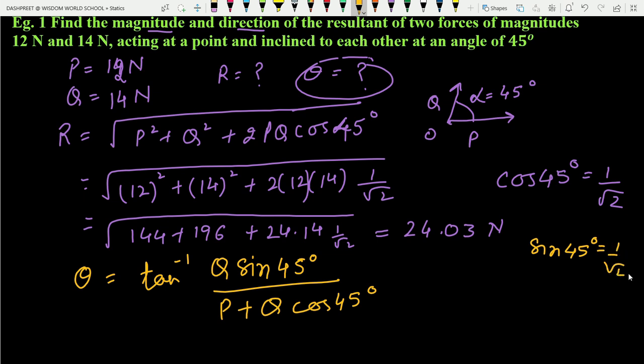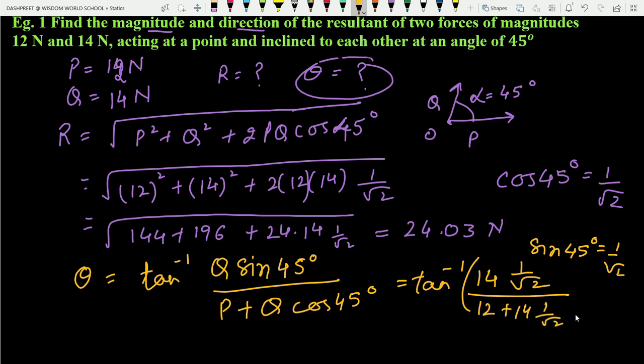Putting the values, tangent inverse of Q is 14, sin 45 degrees is 1 by root 2, and P is 12 plus 14 by root 2. Simplifying this, we get the value as 0.45. So thus we have calculated the magnitude R and the angle theta.